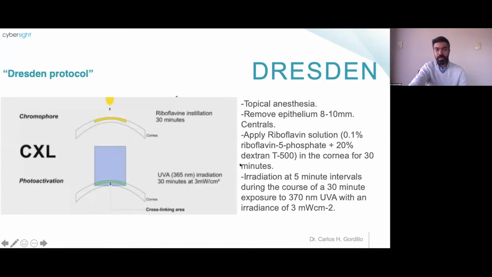And there are some different proposals right now doing cross-linking in the ectatic area. We propose to do a big cross-linking in the complete cornea, because our experience shows us that the evolution can appear in different places of the cornea.